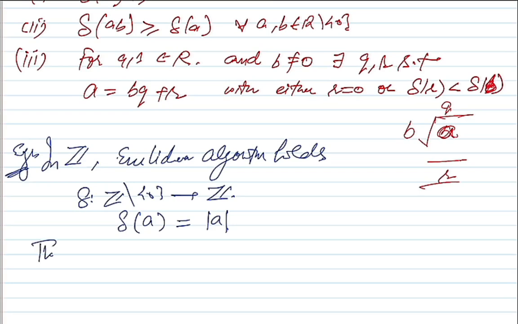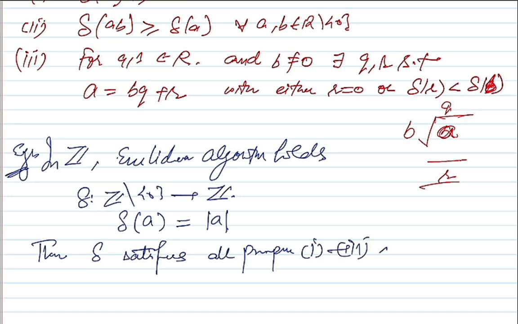Now this delta satisfies all these properties 1, 2, 3. You can check that. So that is the first example.